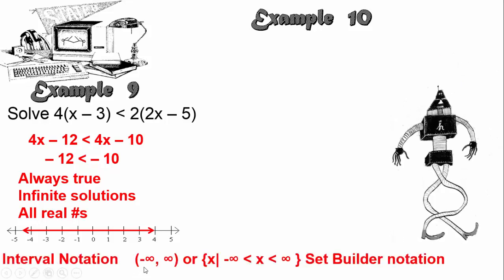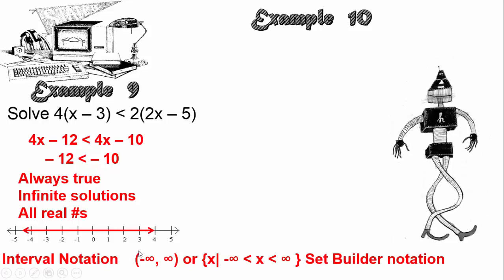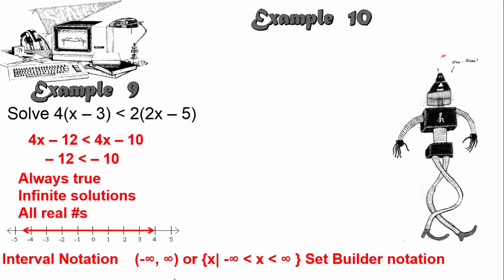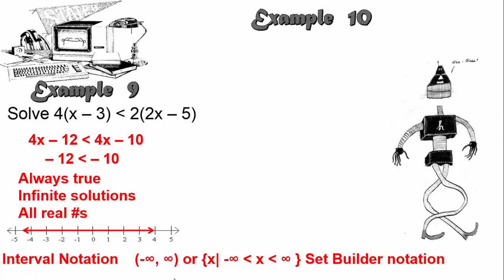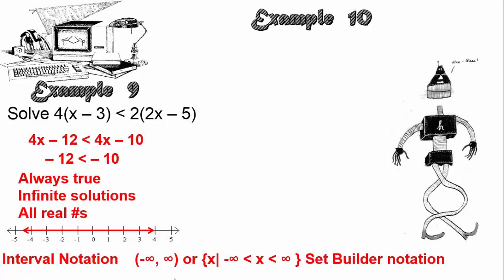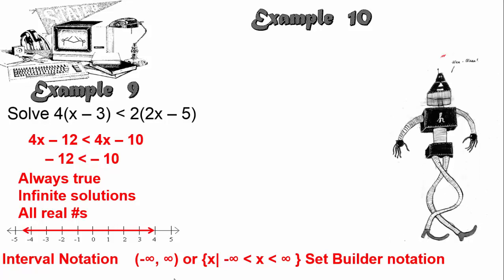And in interval notation, we can write this as round bracket, negative infinity, infinity, closed by a round bracket, because it just goes on and on forever on both sides. Or in set builder notation, curly bracket x, where negative infinity is less than x, which is less than positive infinity.